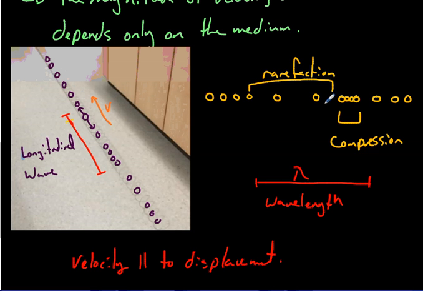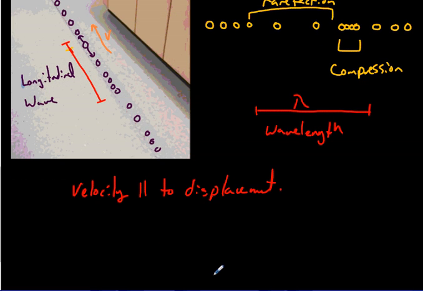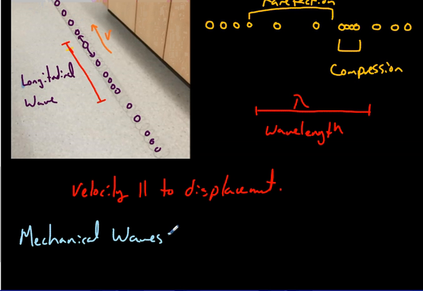So that's the basic covering of waves. These, by the way, are considered mechanical waves. These are the two types of mechanical waves that we've covered, and mechanical just means they take place in a physical medium.